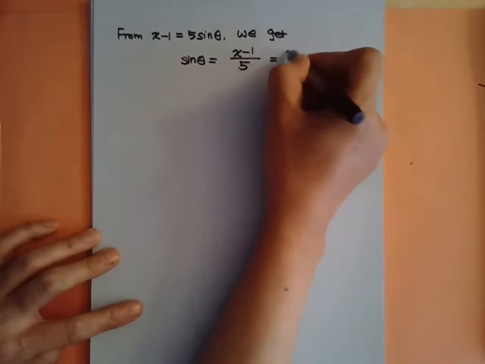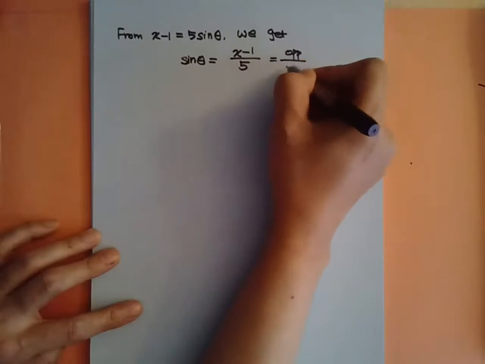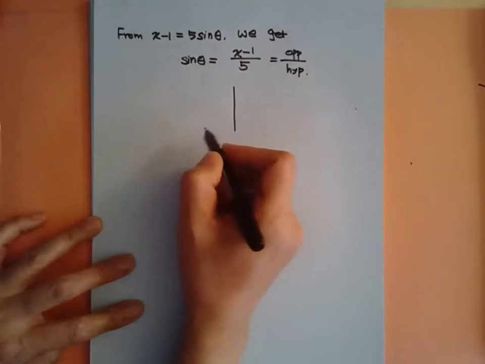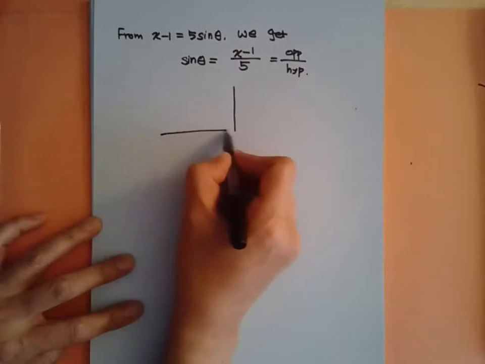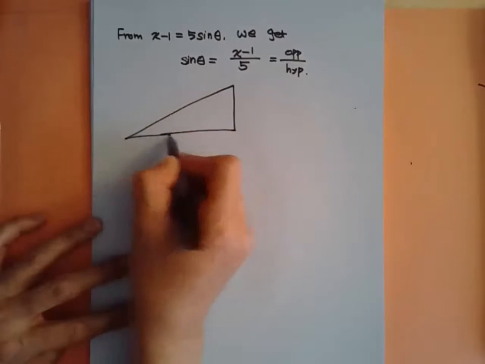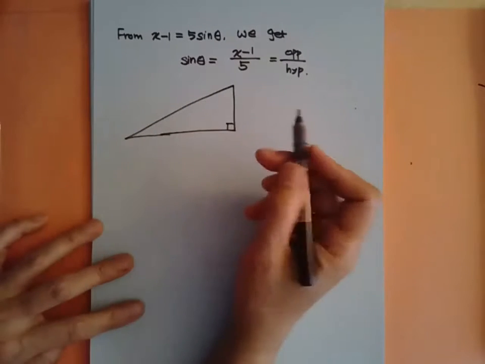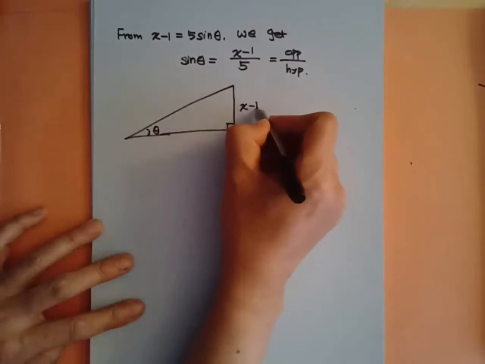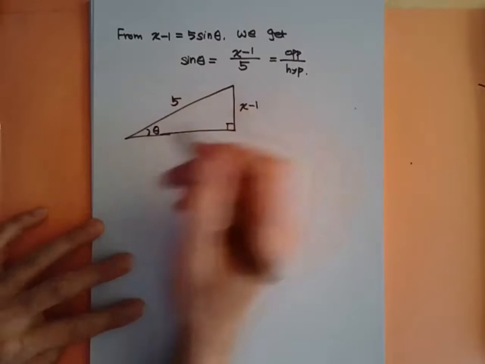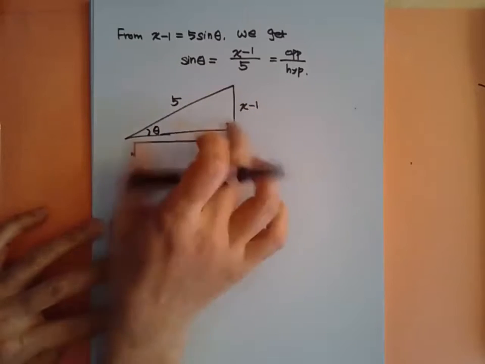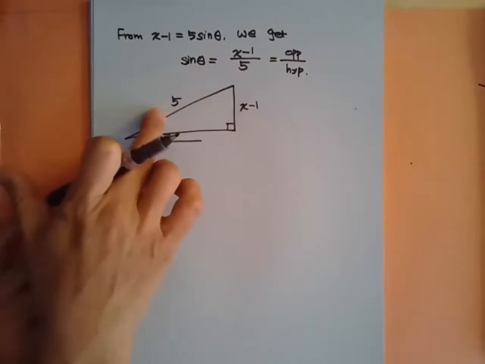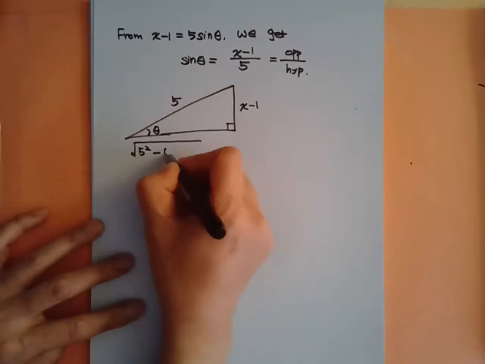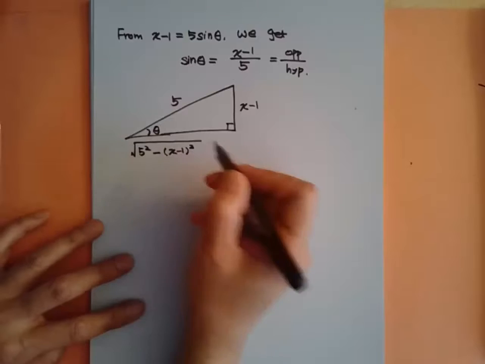That comes from opposite over hypotenuse. So we will draw the right triangle. Like this. This is theta. Opposite is x minus 1. Hypotenuse is 5. And this side is not hypotenuse. And so hypotenuse squared minus x minus 1 squared. So 5 squared minus x minus 1 squared.